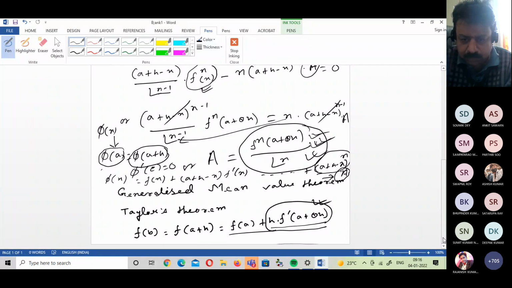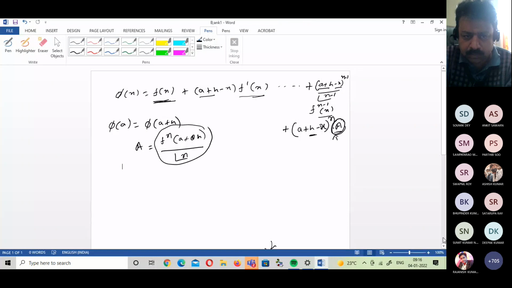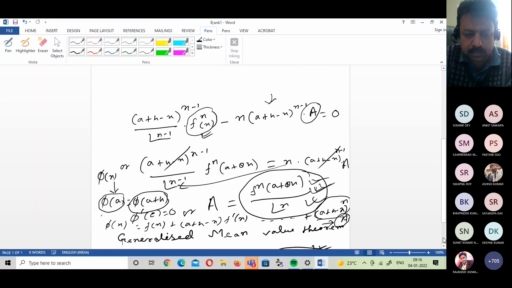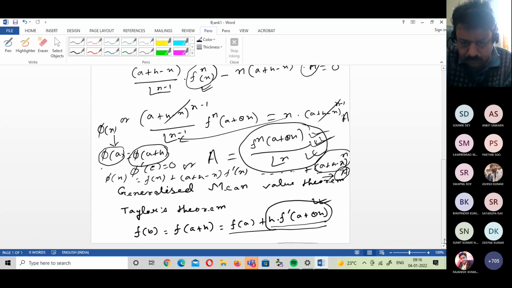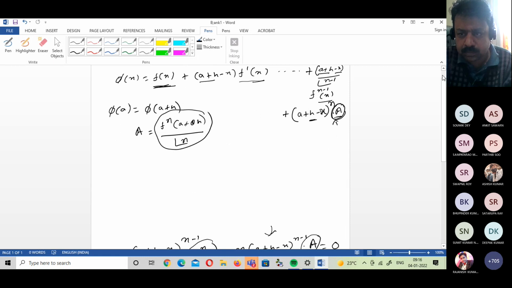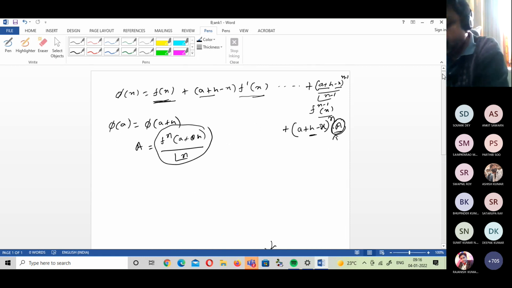Sir, why have you chosen variables like a plus h minus x? In the previous generalization which you gave in the previous class, you wrote f of a plus h into f dash a plus h square by 2 factorial f double dash a. So why here a plus h minus x?